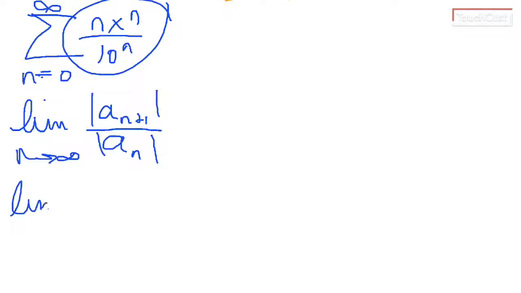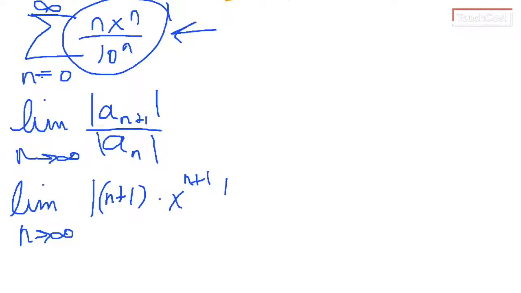So this is the limit as n goes to infinity. I'm going to use this expression, but everywhere I see n, I'm going to replace it with n plus 1. This is going to be the absolute value of n plus 1 times x to the n plus 1 over 10 to the n plus 1.